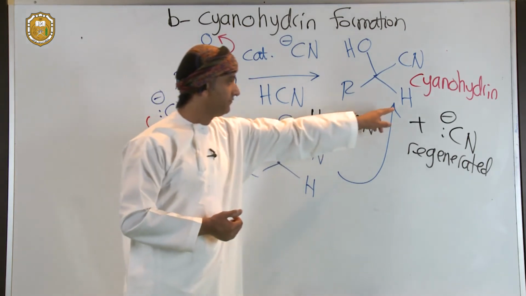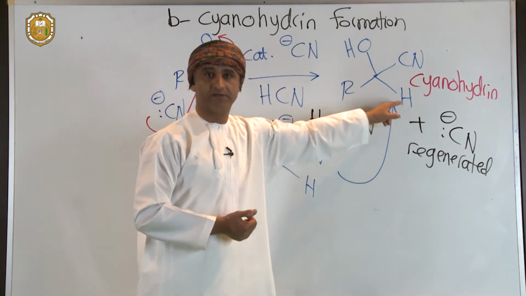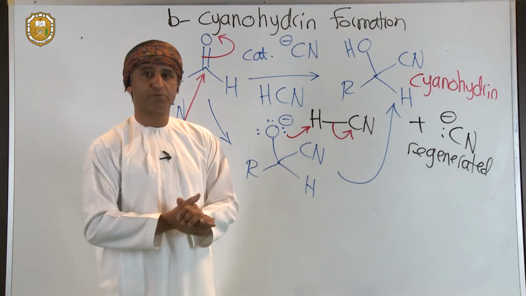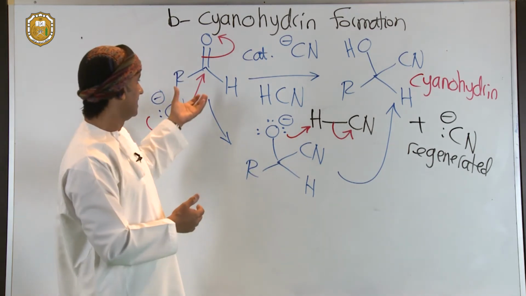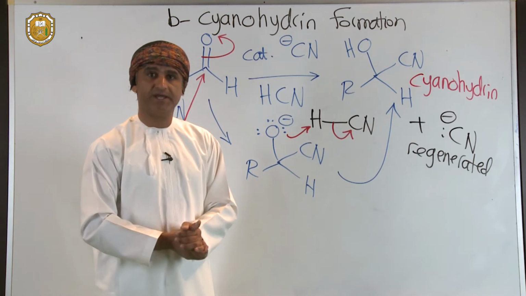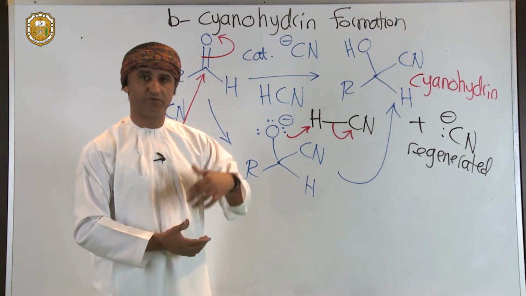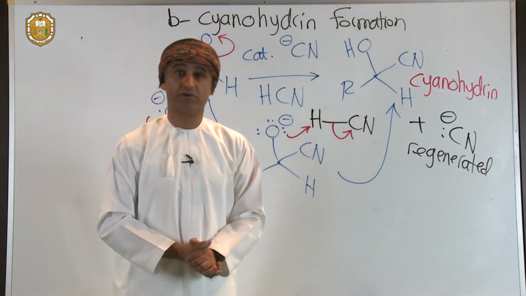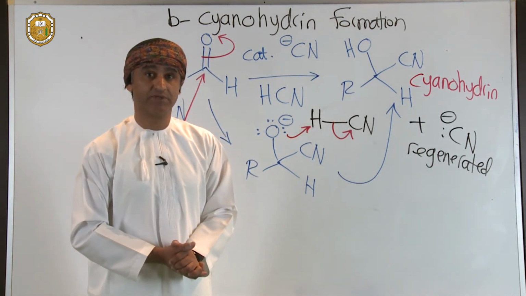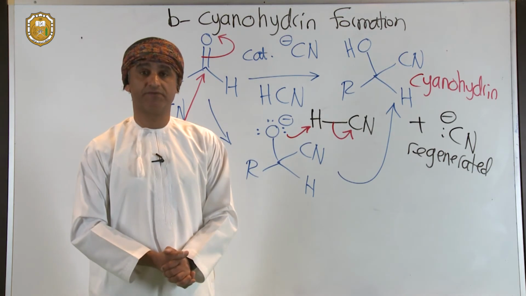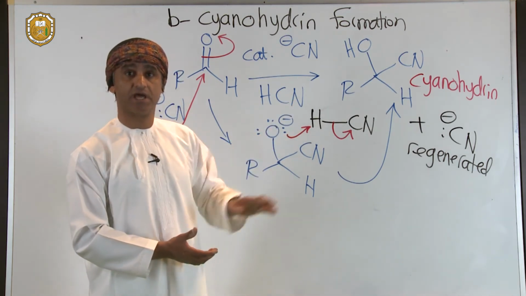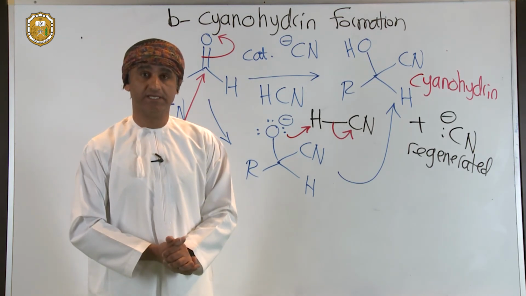If, instead of hydrogen, we now have R, if you started with a ketone, that cyanohydrin will be more bulky relative to the aldehyde cyanohydrin, and therefore the cyanohydrins of ketones should actually be less stable than cyanohydrins of aldehydes. Therefore, cyanohydrin formation reactions are more important in aldehydes.